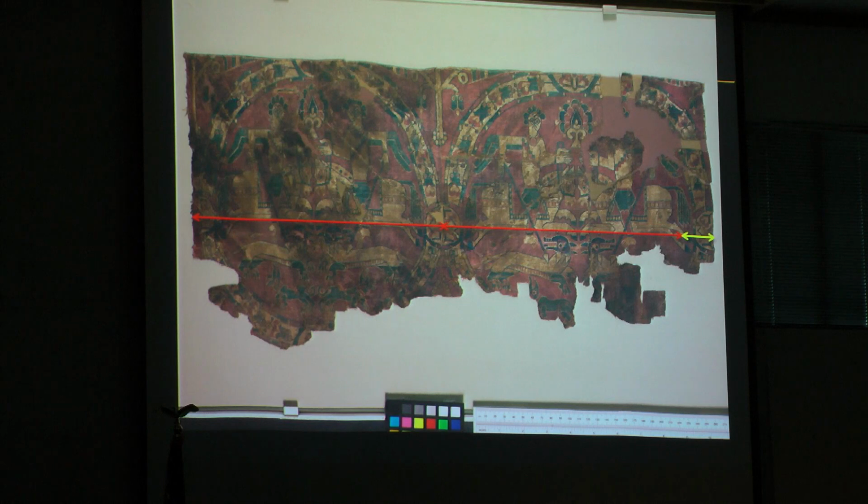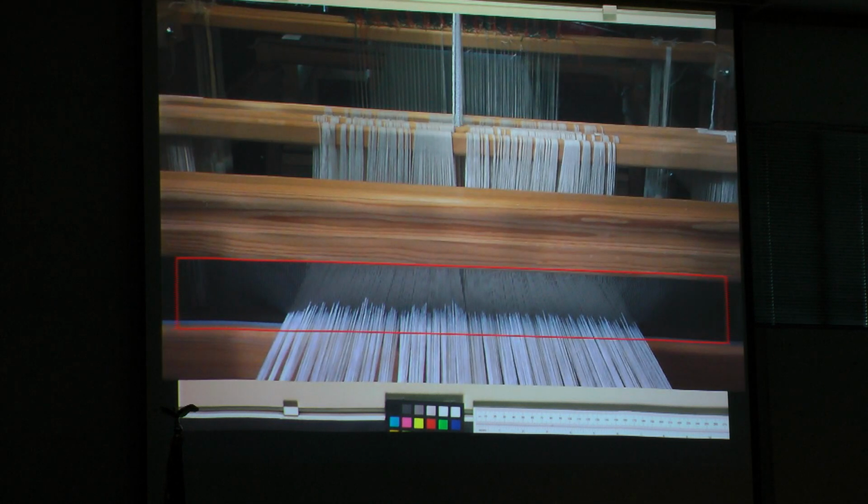Because most likely, the loom used for these textiles, this is a modern loom, but just to show you an example, didn't include a reed. The reed is this sort of comb that divides the warp equally. This means that whatever loom they used, they did it freehand.